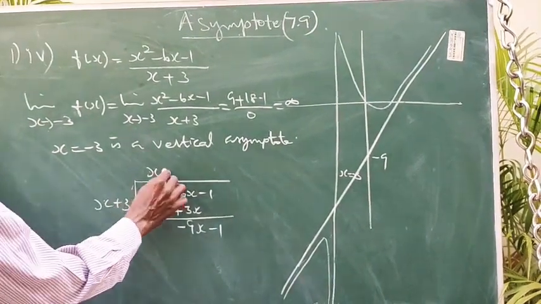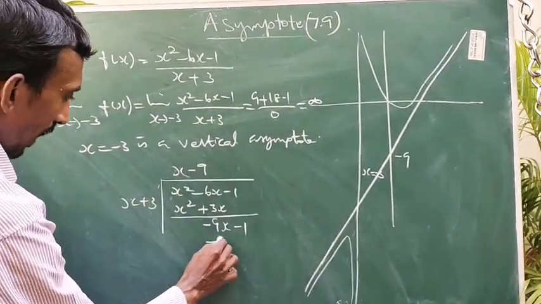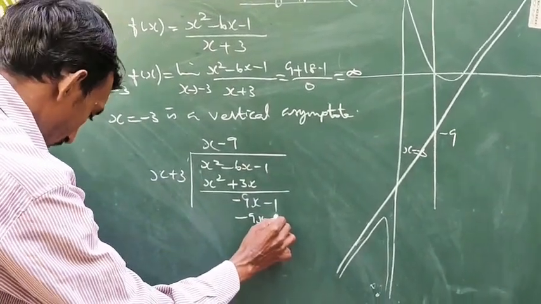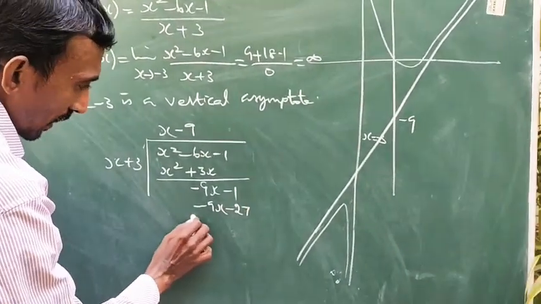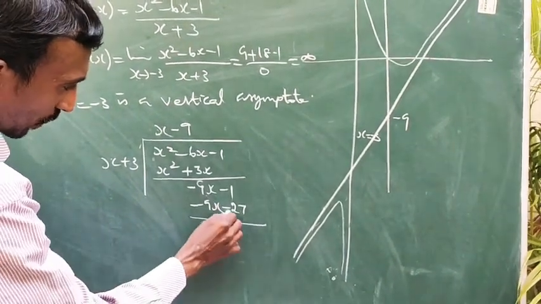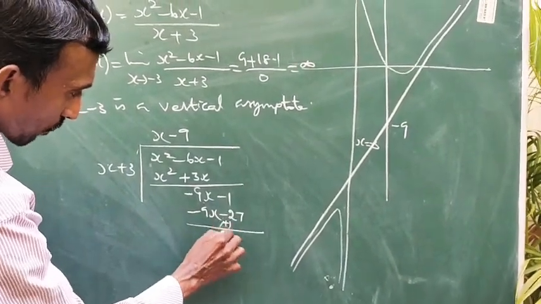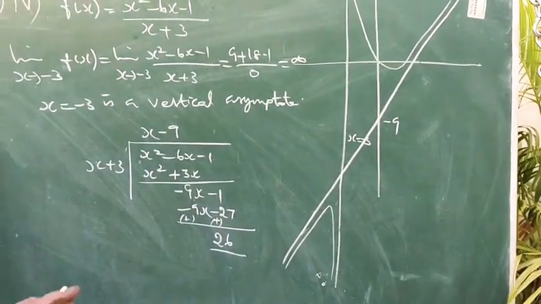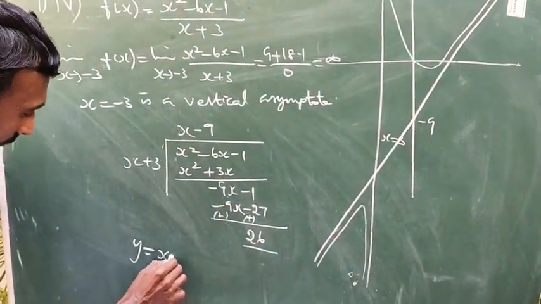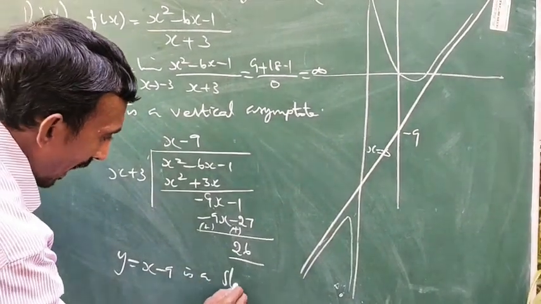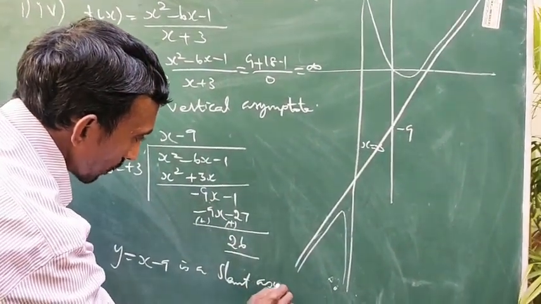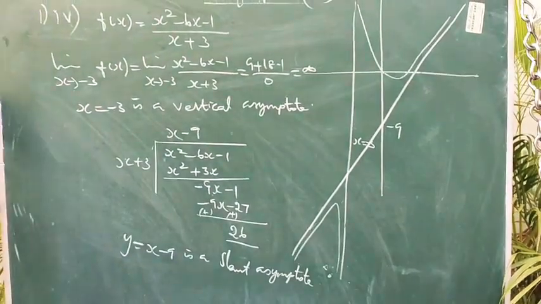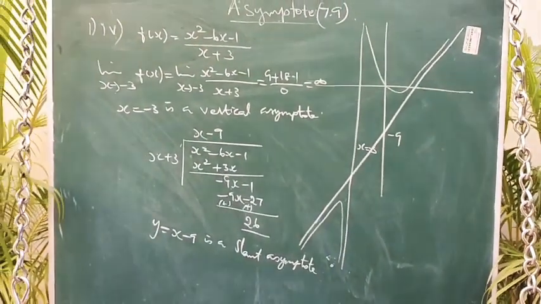Again we need, so put minus 9. So minus 9x minus 27. Change the sign and add, it becomes 0, and minus 1 plus 27. Okay. So it becomes 26. So y equal to x minus 9 is a slant asymptote. Are you clear? So we are getting y equal to x minus 9 is a slant asymptote.